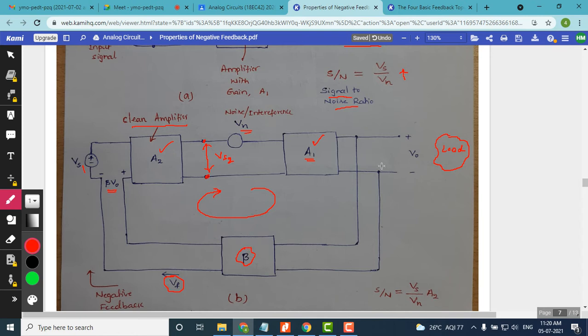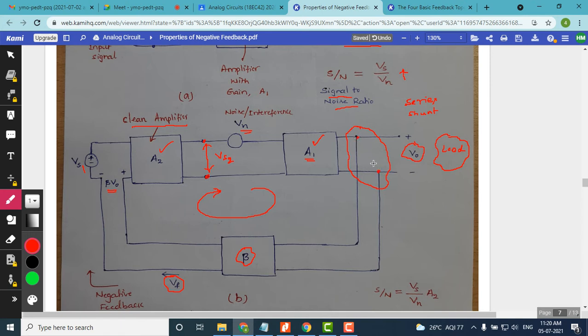The feedback network will sample the output, and this is called shunt sampling. There are different types of sampling, series and shunt. Since the output is a voltage, as you are seeing here, we are going to sample the output voltage by taking the voltage at two different points.